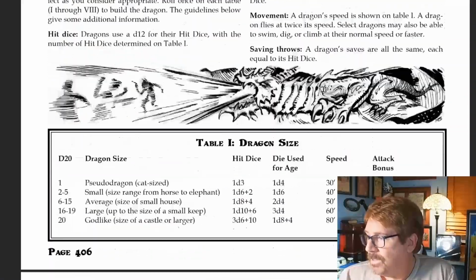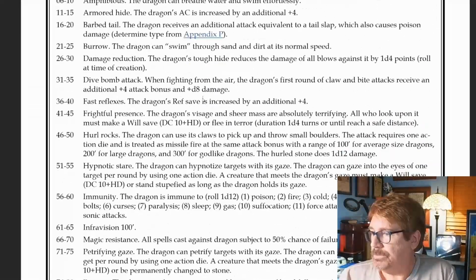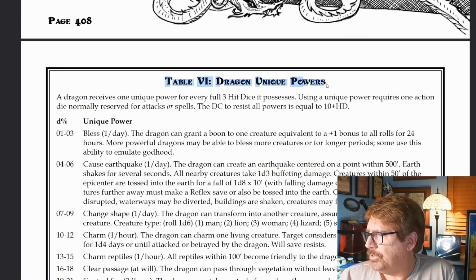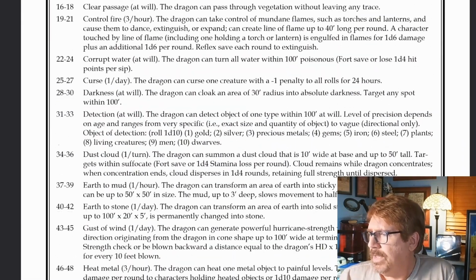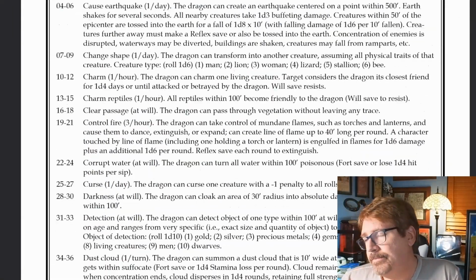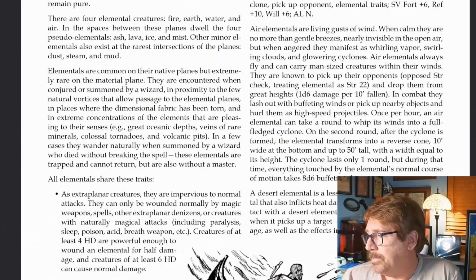Dragons. A big article on dragons, which is useful too. This looks similar to D&D stuff. Dragon unique powers. I think it's similar to the second edition AD&D stuff where they expanded it. More. Yeah, there's a big section. And elementals too.